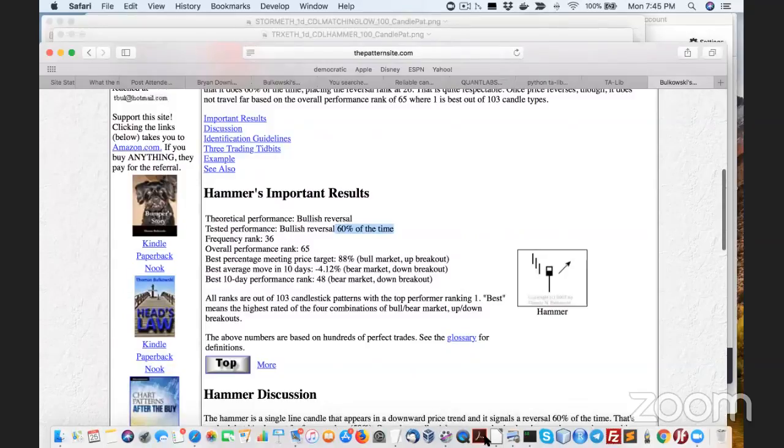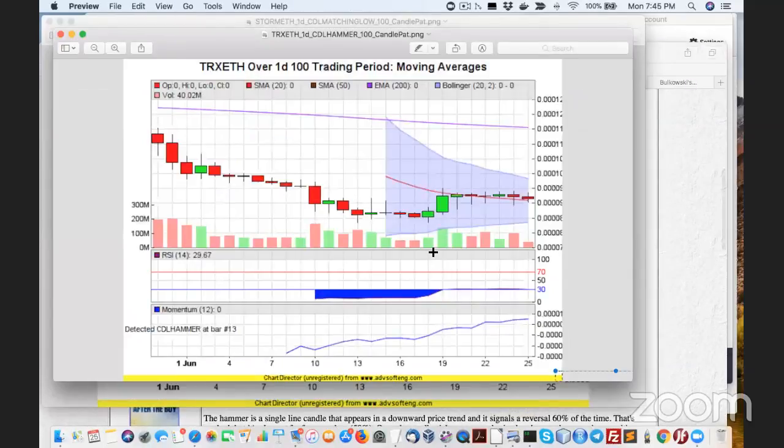It works 60% of the time on a bullish reversal, but if we were to assume this is it, how does this work? Do we say, okay, we have a reversal? Is this it here, this bullish, that it's gone up? I don't know. But you've got to look at more of these patterns to be able to determine, yes, this is the hammer, and then give it 3 days, and then, yeah, it did boom.